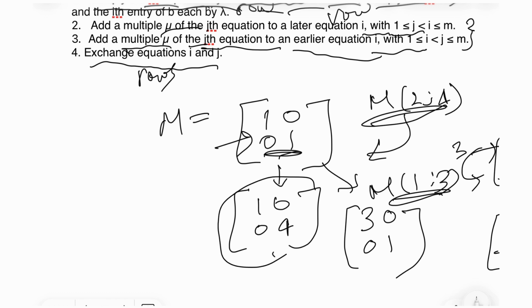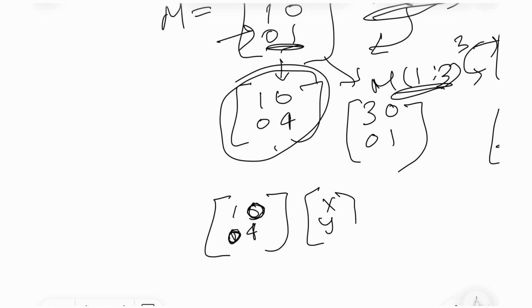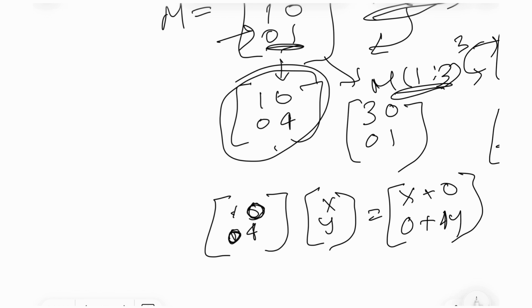If I multiply this matrix by any vector or any other matrix, what am I going to get? x plus 0, x plus 0, right? 0 plus 4y.